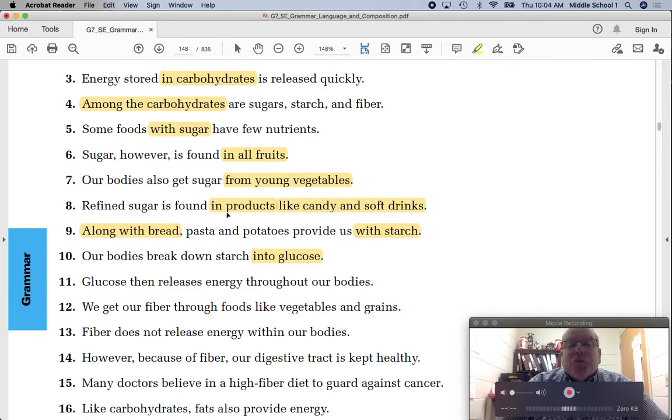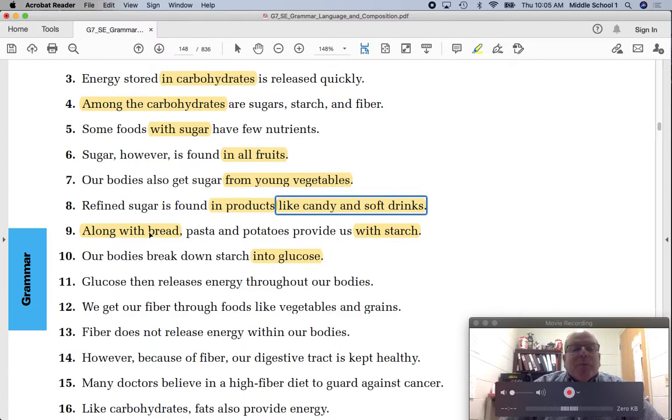Oftentimes we can have two, sometimes more than two, prepositional phrases that come at the end of a sentence. We also recognize that like is the preposition, candy is the object. Because and is in here, this is a conjunction, and soft drinks, it has two objects, candy and drinks. So two prepositional phrases in number 8, in products and like candy and soft drinks.